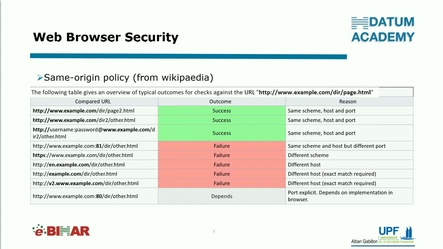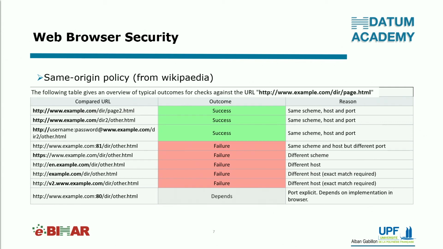So here are some examples of URLs. For each URL in the table, the middle column, the outcome column, indicates whether the URL is from the same origin as the referring URL. So let me show you this referring URL. It is here. The first two URLs are from the same origin as the referring URL.